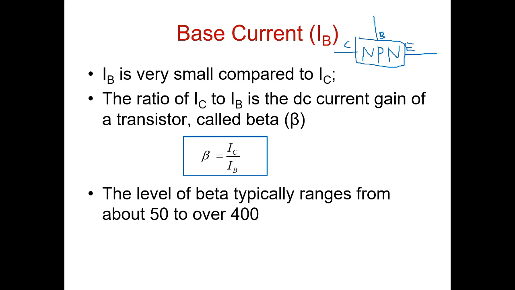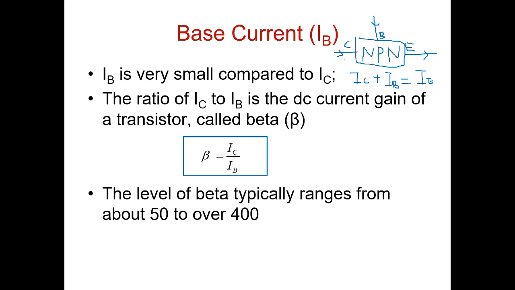So the current flows through IC and IB. IB is very small compared to IC. However, IE is equal to IC plus IB, and IB is very small.